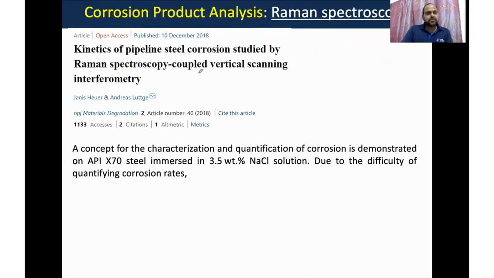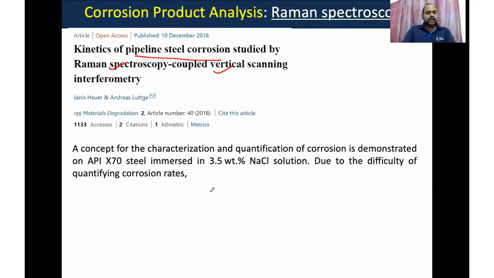So basically they use two systems: Raman spectroscopy, coupled with vertical scanning interferometry. The material is pipeline steel, and they are going to study the corrosion kinetics.